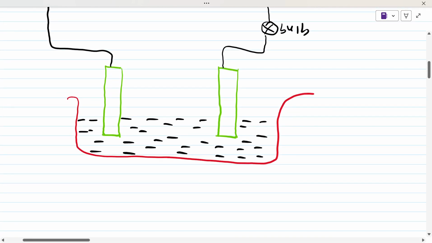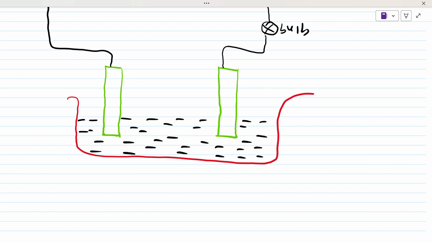So after having my sketch, the next key thing that I really need to know is that when analyzing the molten sodium chloride, now in molten state I'm having ions that were forming the sodium chloride compound.